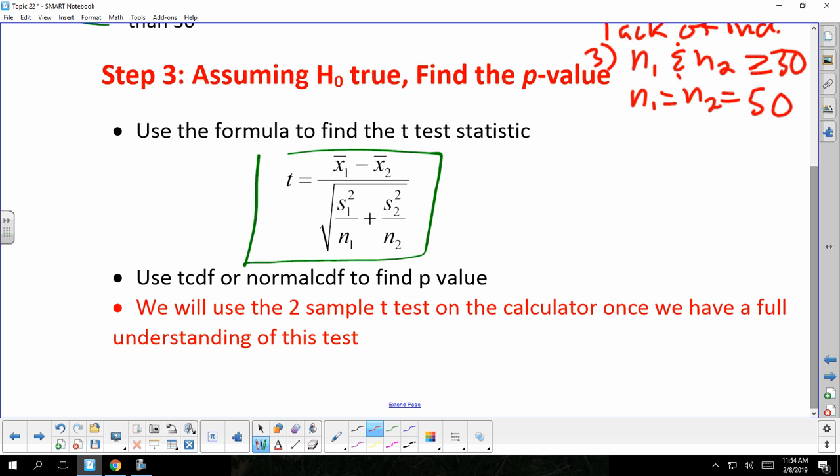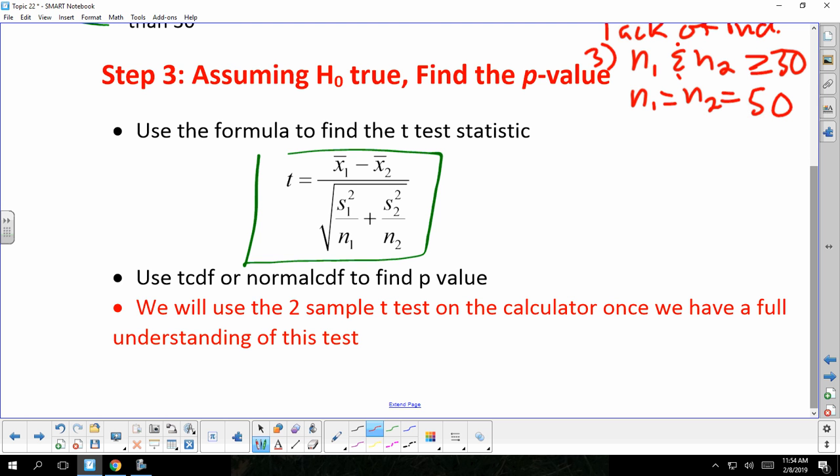If I'm using the standard deviations from the sample, we're going to use the t-distribution, because those same faults still apply when we're using the standard deviation from the sample. So we're going to largely rely on our calculator. This can get a little bit messy to calculate that test statistic and p-value. We're going to investigate this as we go through the classwork today to see how the standard error of our distribution and the confidence interval interact.